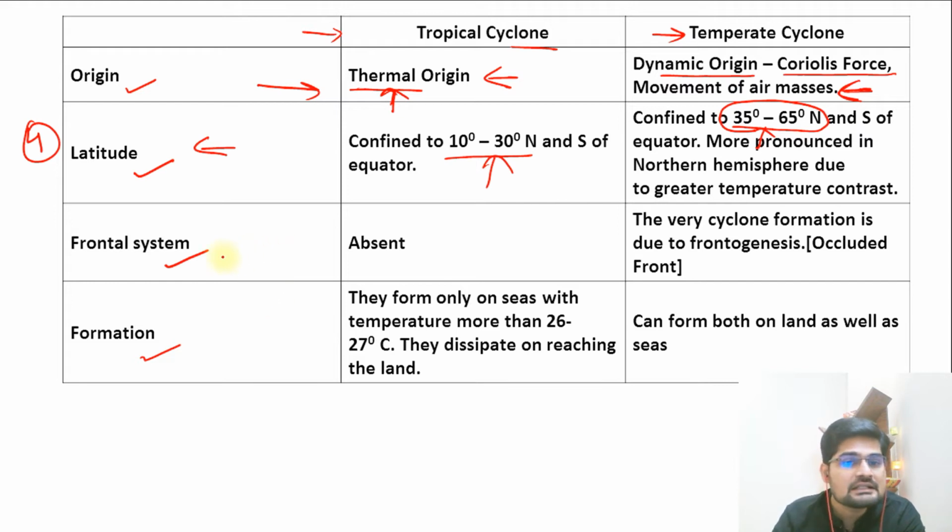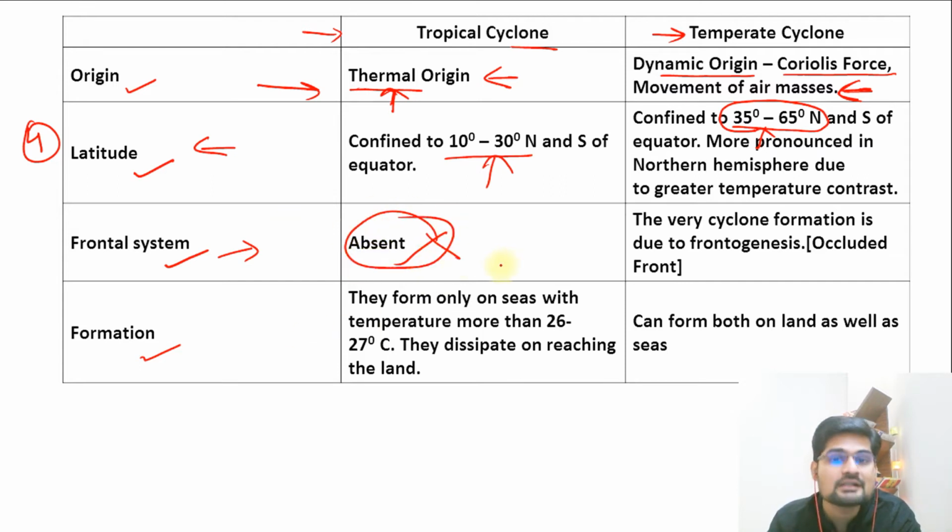Then the frontal system. How is the frontal system in tropical cyclone? It is not there. Remember, there is no frontal system in the tropical cyclone formation. It is convectional cyclonic circulation. But the temperate cyclone is based on the concept of frontogenesis only. Remember the occluded front.